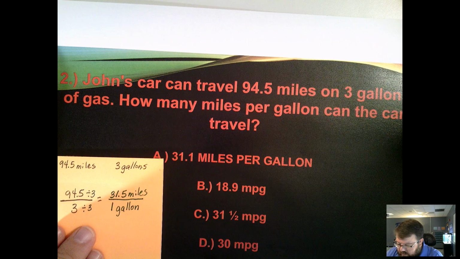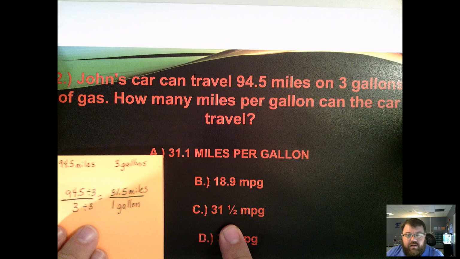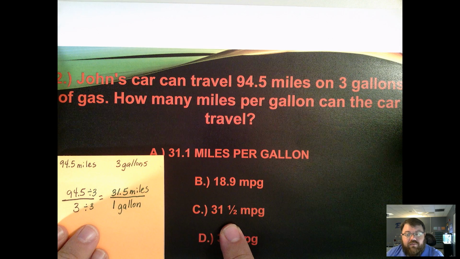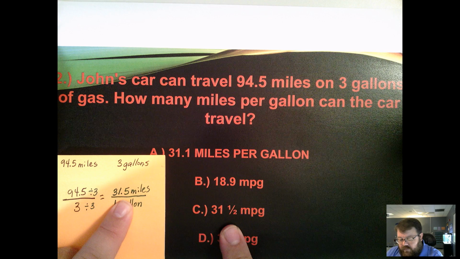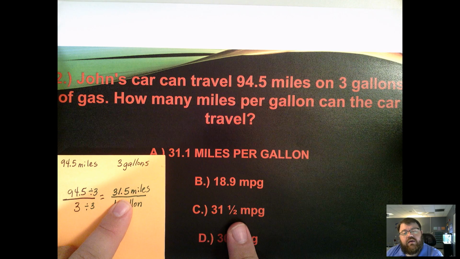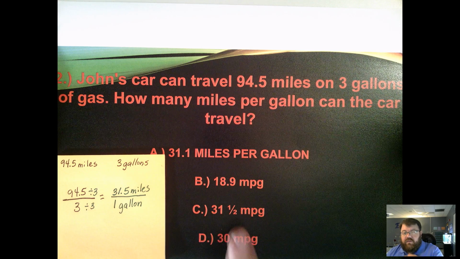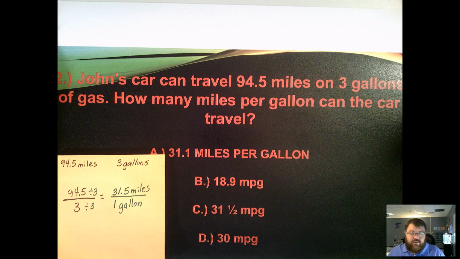So your answer should have been C. Now this question here, look that we have changed from a decimal to a fraction. That's something that you should be able to do as a 7th grader. Second thing, MPG is an abbreviation for miles per gallon.